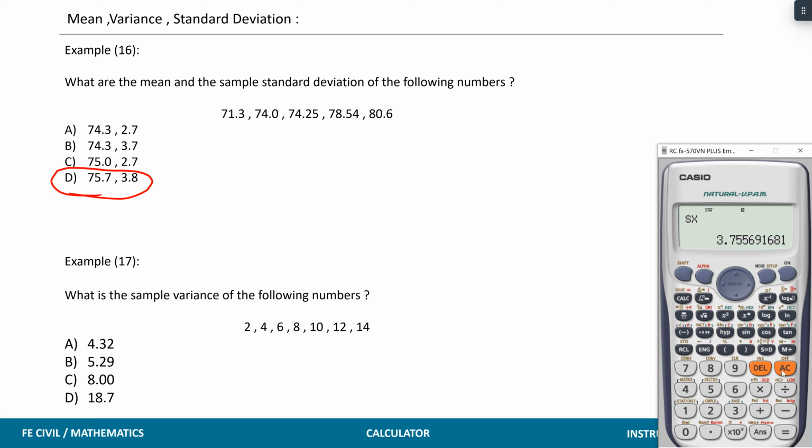The last one we have here is that we want the sample variance. The sample variance is the square of the sample standard deviation.